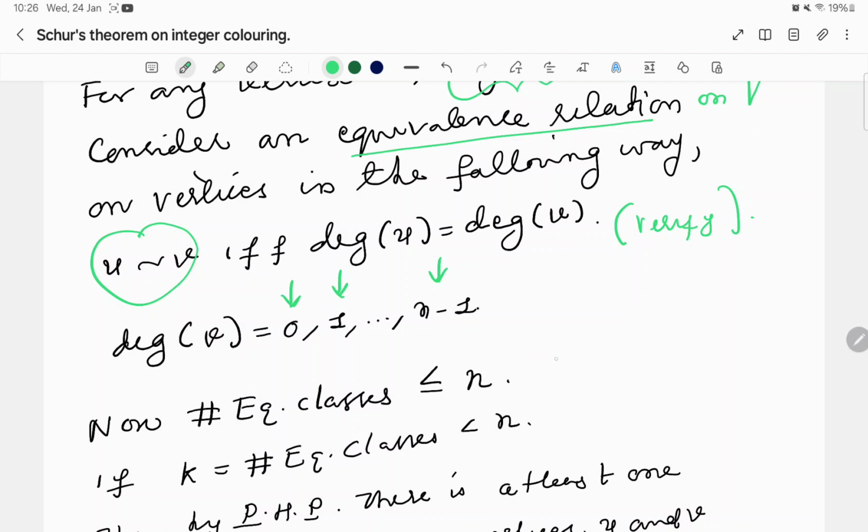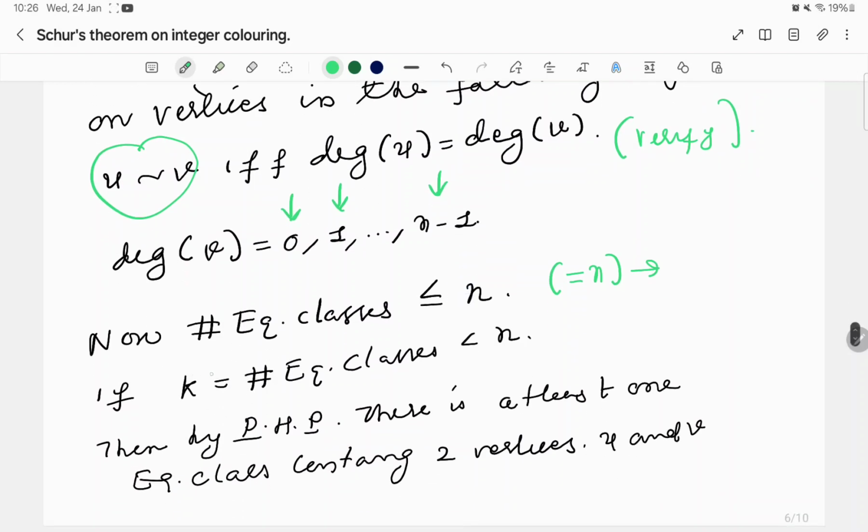Now we will keep the case of equal to n aside. Before that, suppose k, the number of equivalence classes, is strictly less than n. Then we are partitioning the vertex set. The vertex set contains n elements, so every one of the n elements has to be in some equivalence class. Suppose the number of equivalence classes k is less than n.